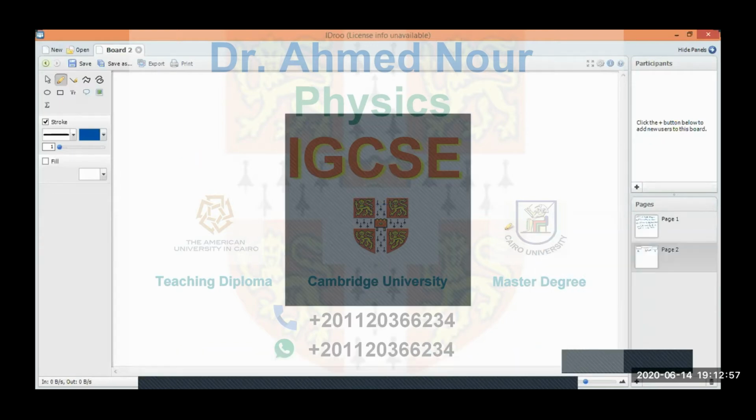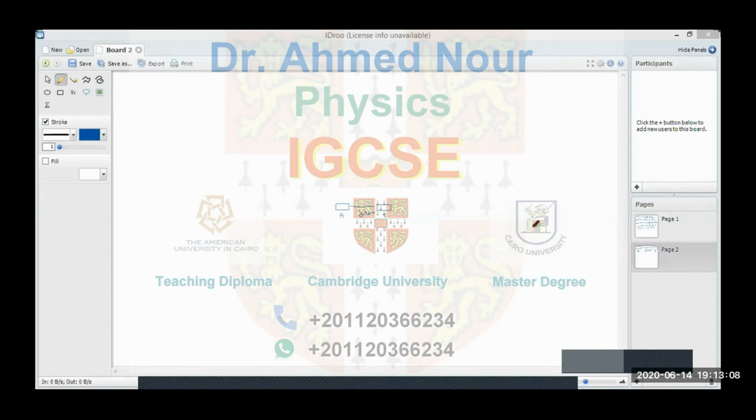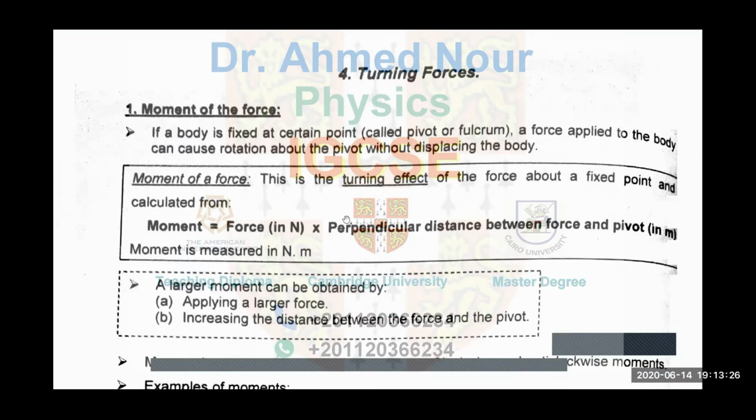And also, when you open the physics book, you open the cover and then first page, second page, and so on. You make a turning effect for the paper of your physics book. These papers don't change their position. This turning effect is called moment. And this is the name of our topic today, turning forces.